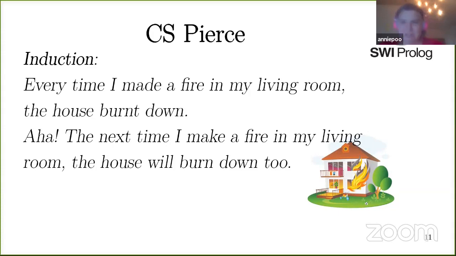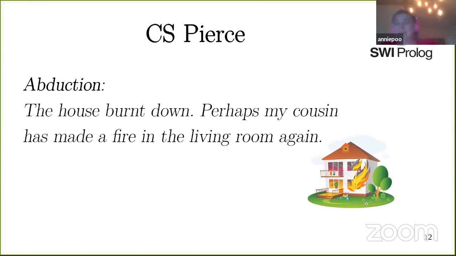And the last is abduction. We're going to go from events and rules to prior possible facts. The house could have burnt down for other reasons, but perhaps my cousin again.